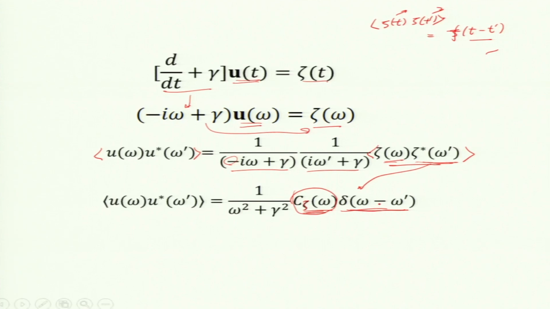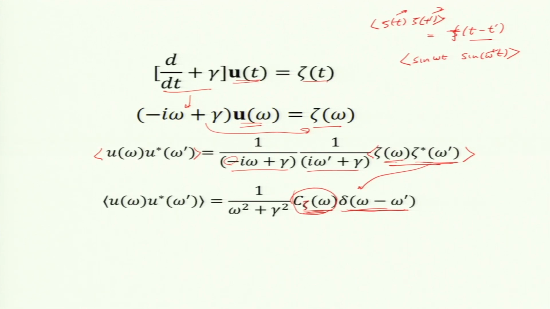I am not sure whether I did this in this course, but for homogeneous systems, if I average sin omega t and sin omega prime t, this is 0 unless omega equals omega prime, because if they are not the same frequency, they will cancel if you take t large and integrate.